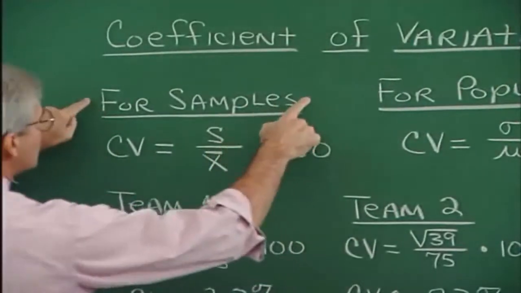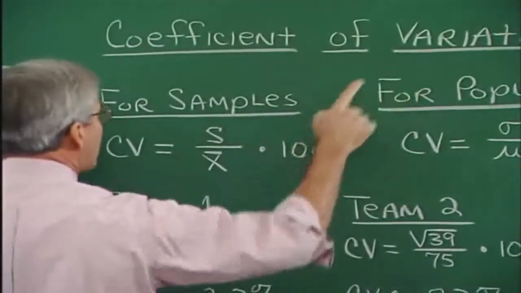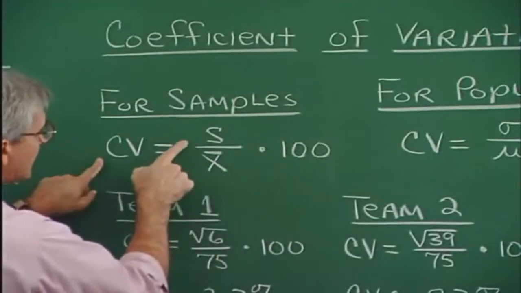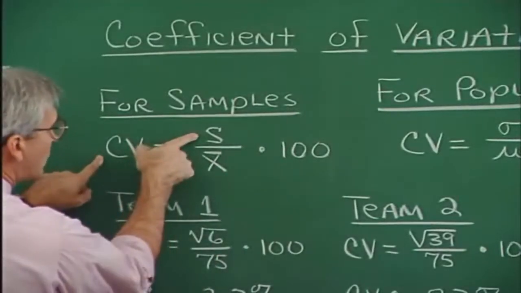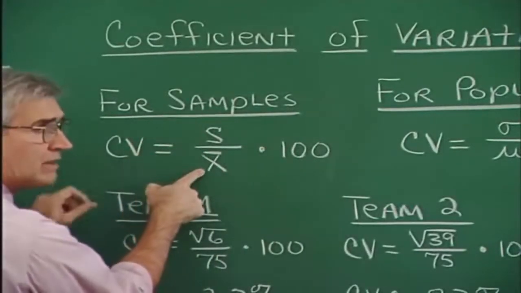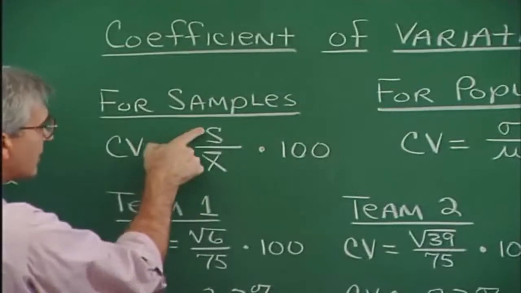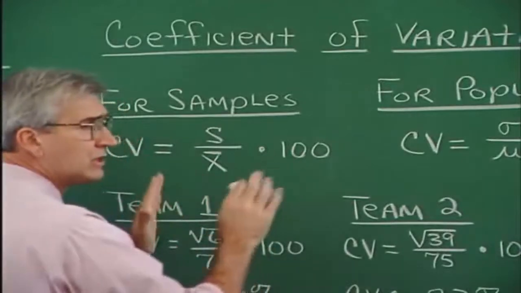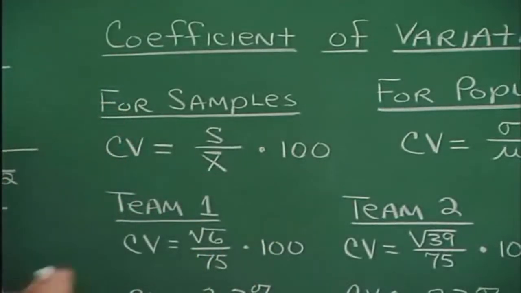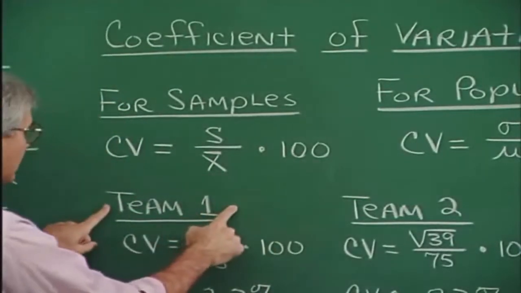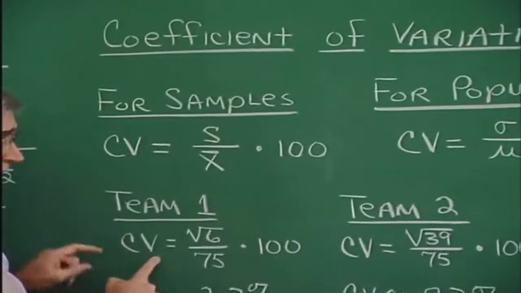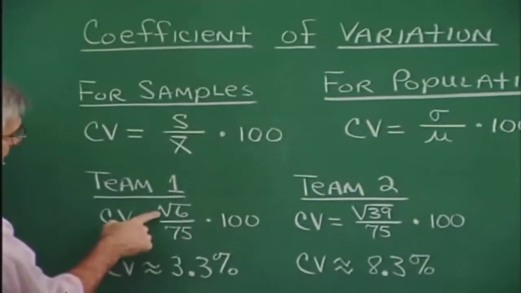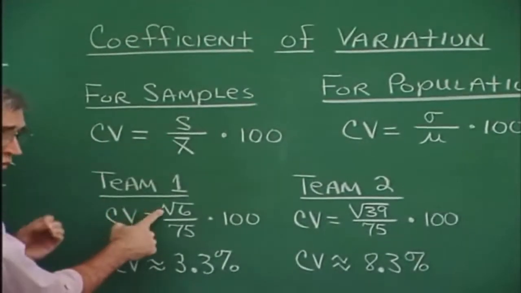Now, for samples, the coefficient of variation works like this. It's the standard deviation for the sample divided by the mean of the sample. So standard deviation divided by mean is all there is to it. Multiply by 100, tack on a percent sign, and we're done. For team 1, from our previous example, the coefficient of variation would be, let's see, the standard deviation was the square root of 6.